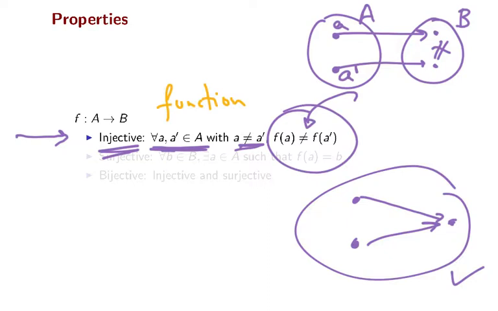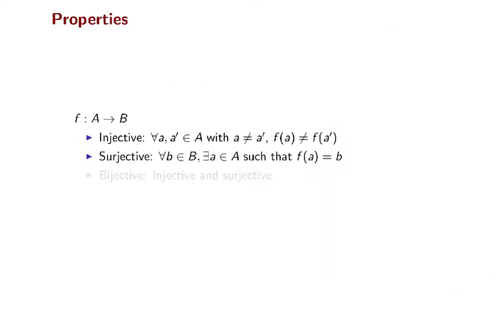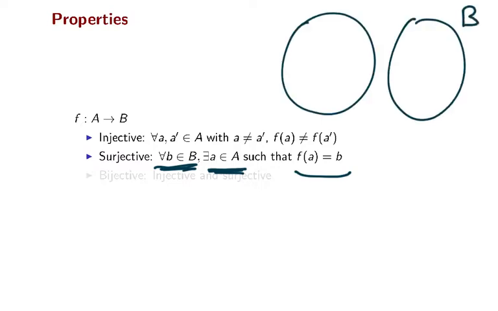Another possible property is the surjective property, that says that for all elements in the codomain there should exist one element in the domain such that it is related to it, meaning that if you have any element in the codomain, it should have some element that it comes from, meaning that there cannot be some element here alone that no arrow arrives to.